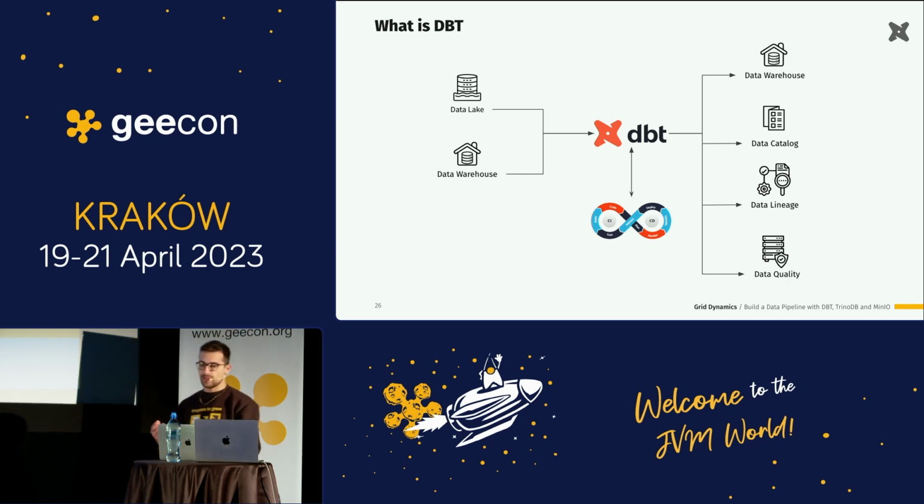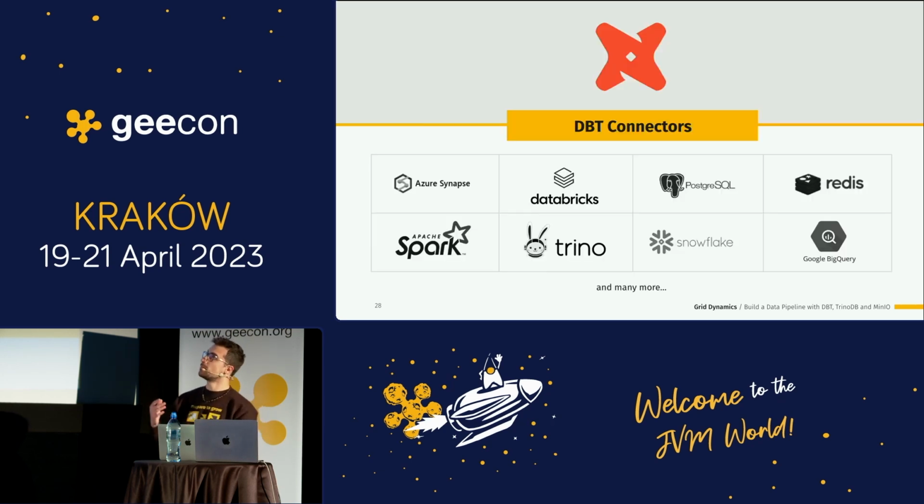As we can see from the DBT connectors, we have also other ones like Azure Synapse, Databricks, Postgres, BigQuery. In our case, it's Trino, but it doesn't mean that you need to use only Trino.